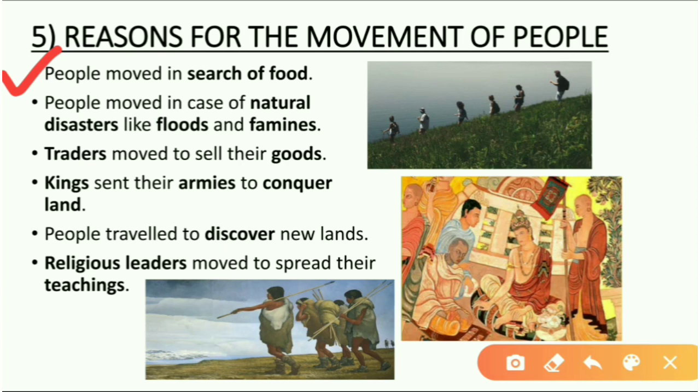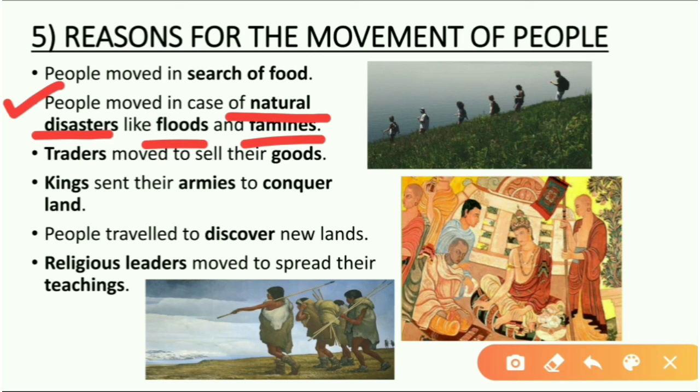Now, the second point is people moved in case of natural disasters like floods and famines. When any natural disaster happens, like flood or famine. What do you mean by flood? Flood means excess of water.